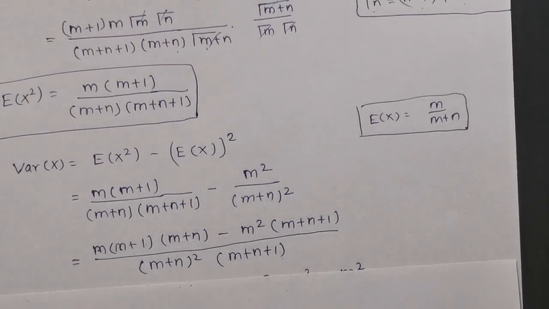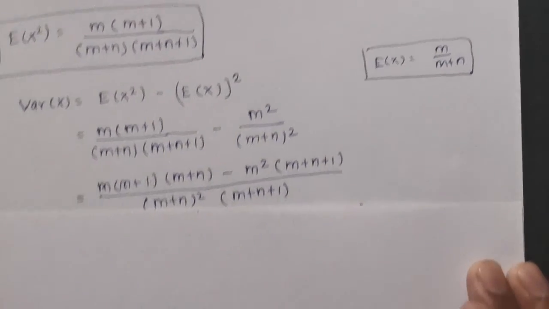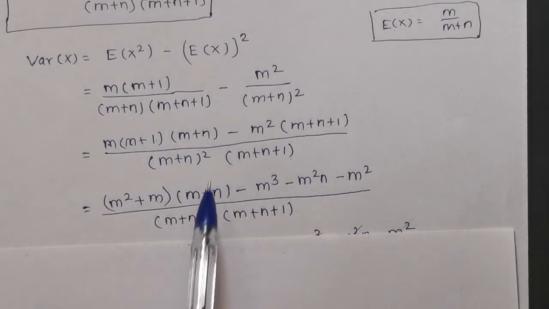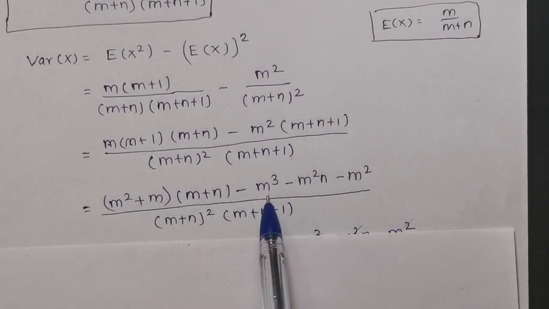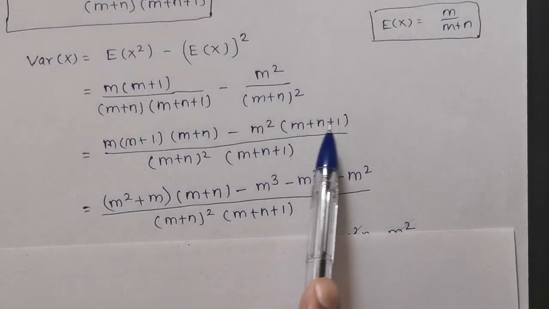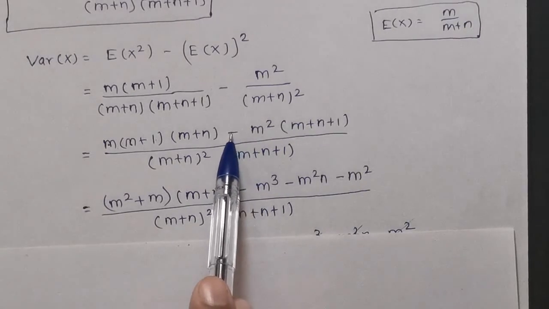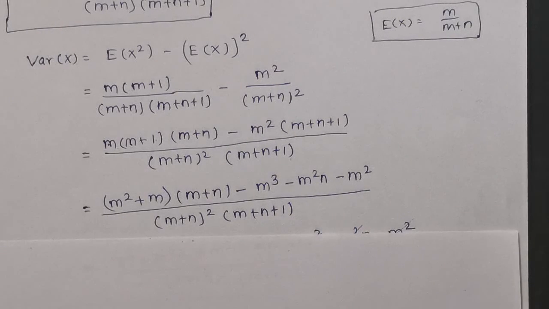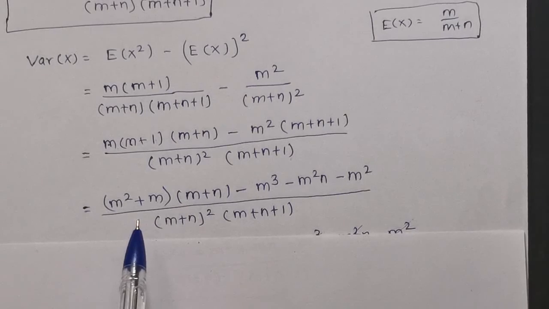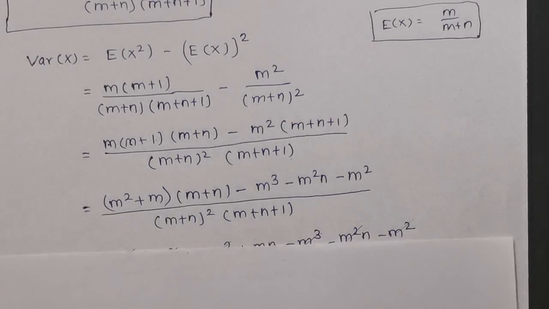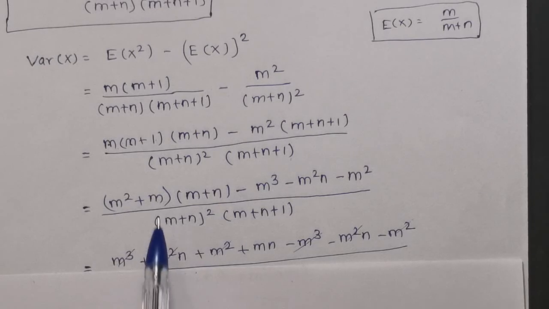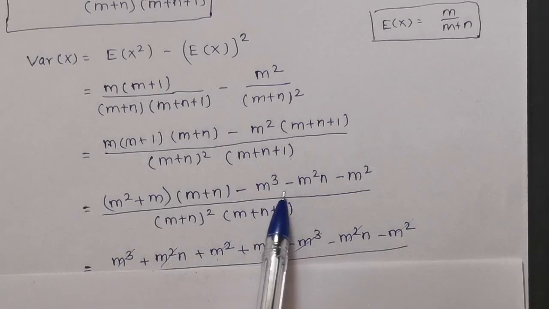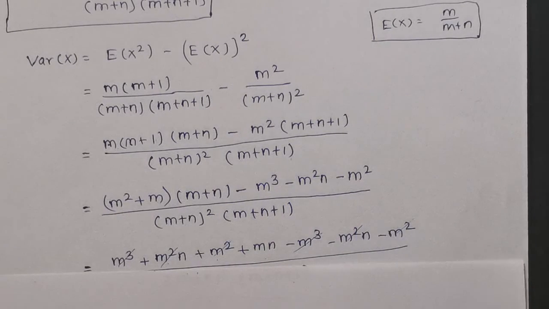We get m square plus m and m plus n as it is, minus m square into m plus n plus 1, where the negative sign outside the bracket applies to each term. Solving the brackets: m square into m is m cube, m square into n, m square, m into n is mn, minus m cube minus m square into n minus m square, and the denominator is as it is.